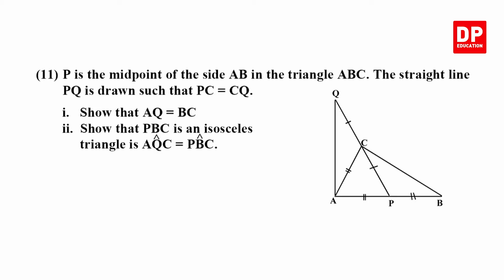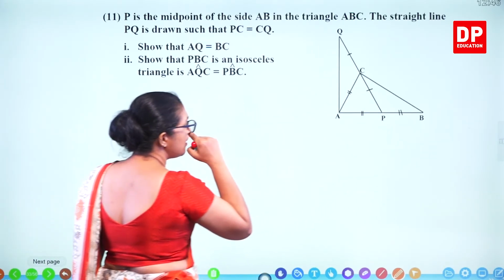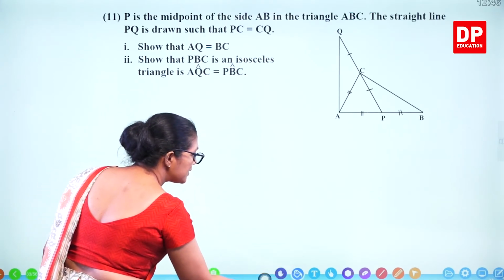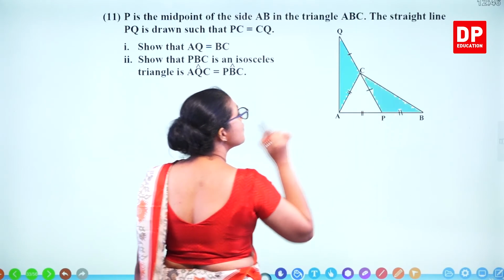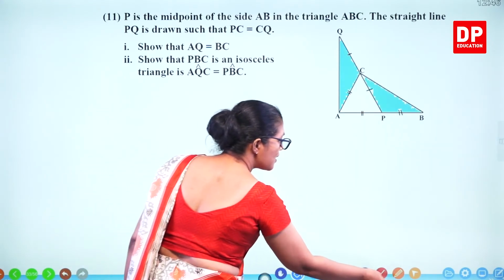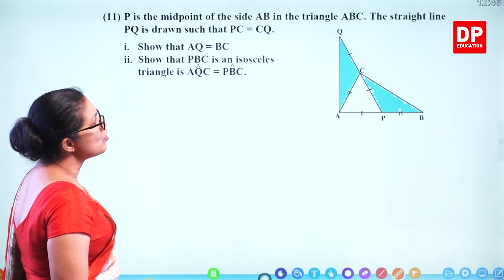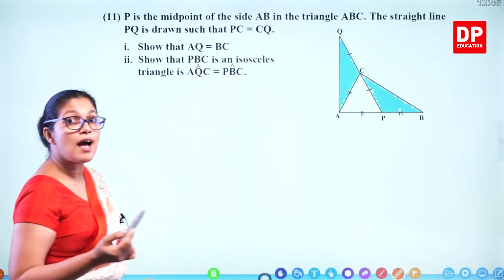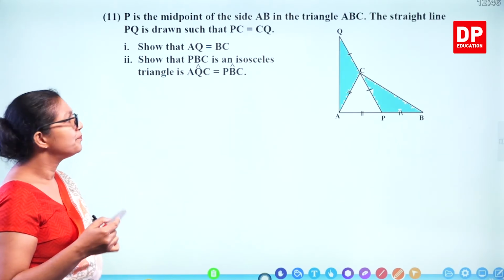Already marked. Show that AQ is equal to BC. Now take a look at these 2 triangles, this triangle and this triangle. What can you see? If we can show that these 2 triangles are congruent, we can show that AQ equals BC. So we'll do that.